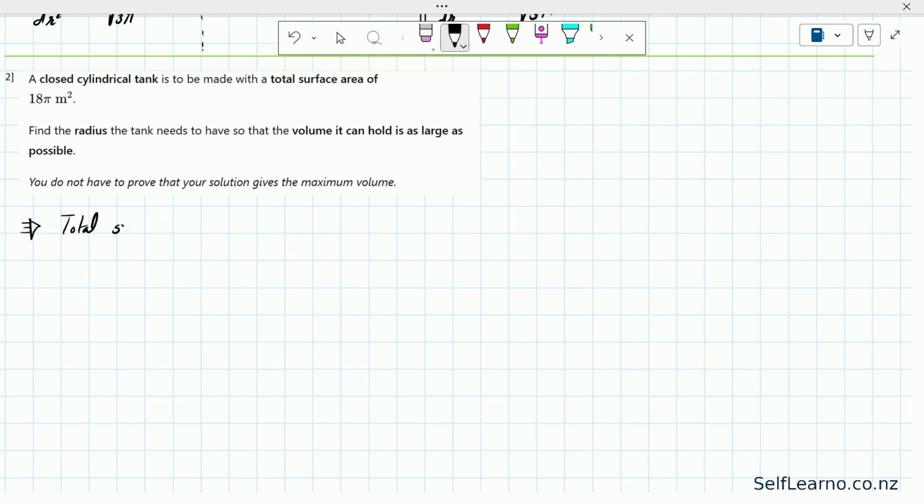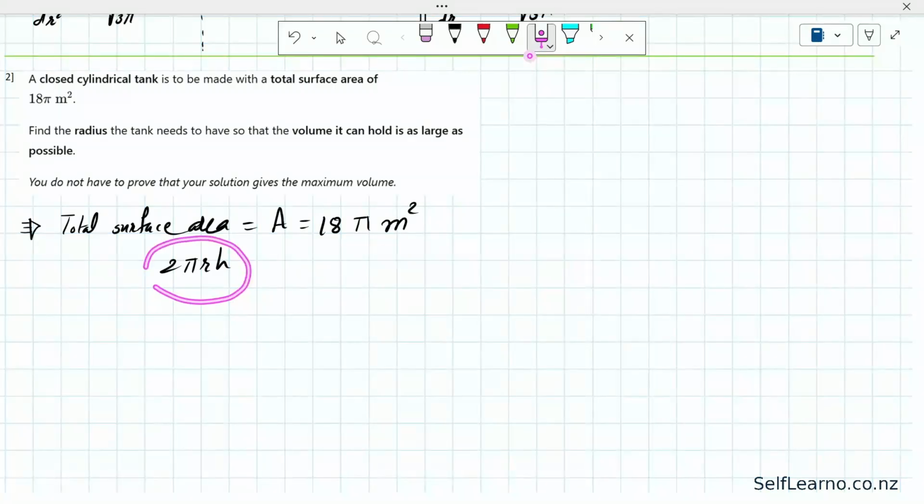Total surface area, I use the symbol A, that is 18 pi square meter. Total surface area is 2 pi RH in the formula sheet, I just checked. They have given only this formula for the curved surface. But as we are discussing the closed cylinder, you have to include the top and bottom.